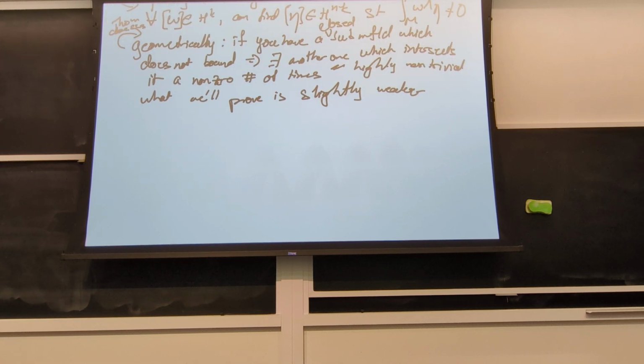So let's see. And then the idea for the Künneth formula is that if you have, for example, a torus, you can consider this as a circle cross a circle.